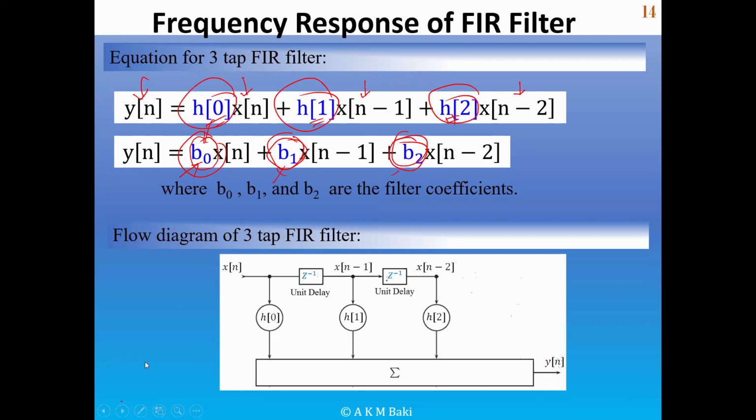Diagram for this case, a 3 tap FIR filter case. Input, output, delayed version of the input sample. Since it is 3-tap, you need 2 more samples, which should be held through some mechanism, through a delay unit in this case, and needed to be multiplied by the corresponding coefficient.